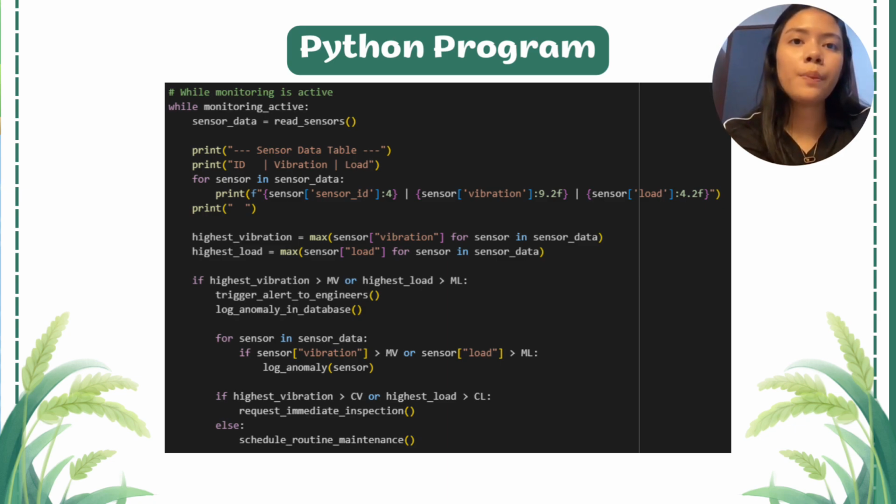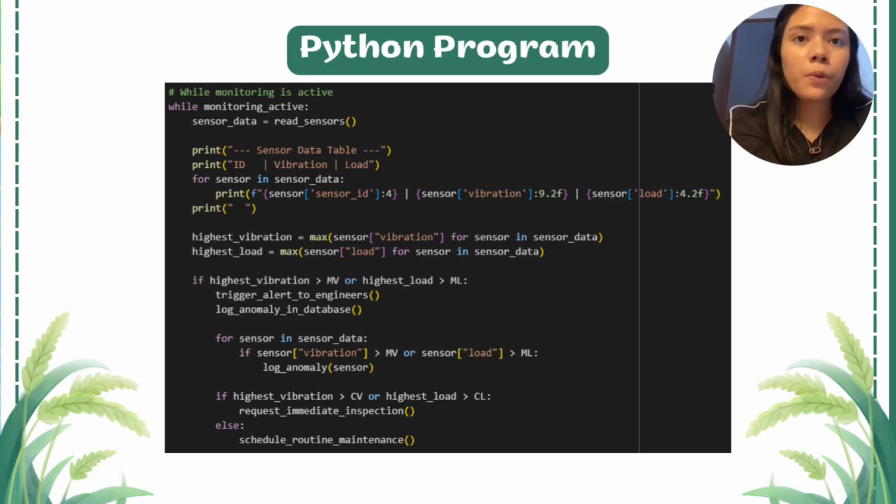In the second part of the program, we run the actual monitoring process using a while loop. It starts by calling the read sensor function to get the data. It prints a table of all the sensor readings, then it checks if the highest vibration or load exceeds a set threshold. If it does, it alerts the engineers and logs the anomaly.